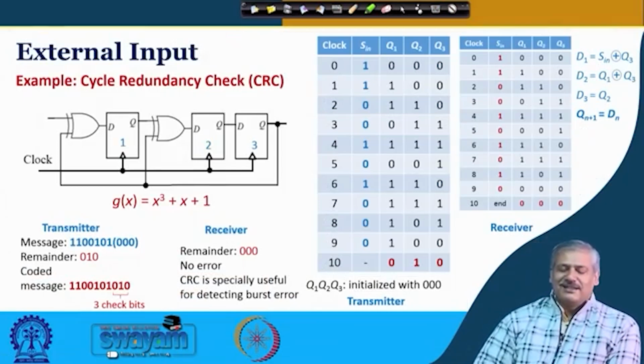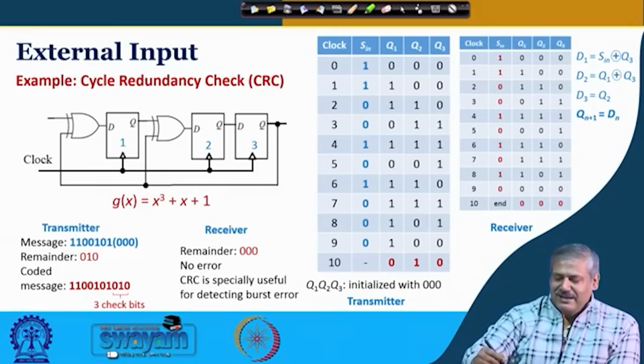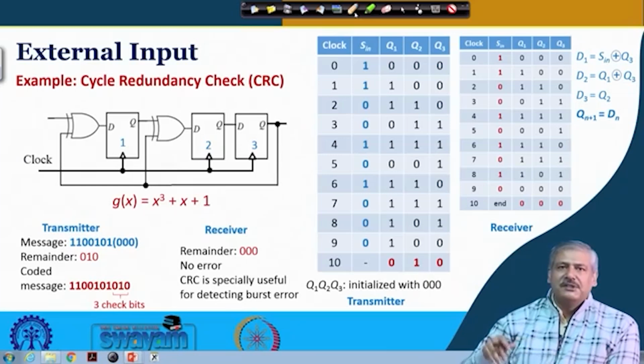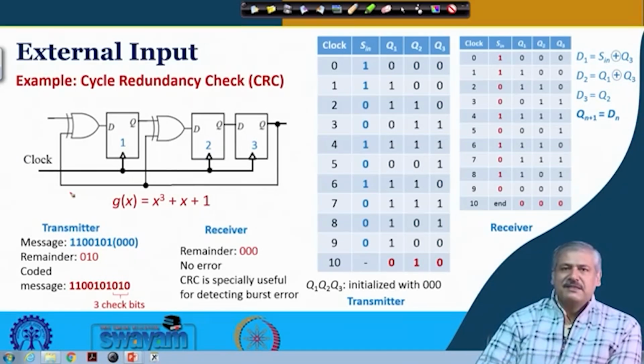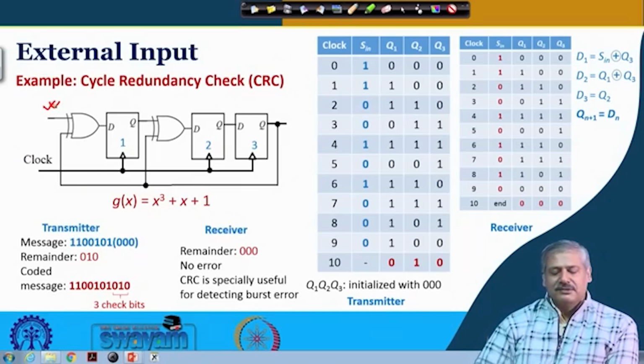Now, we look at again this particular arrangement. Earlier it was evolving only from the internal state values and the feedback that is getting generated. Now, the feedback is there, and in addition, we are putting an external input, and we would like to see if it is of any use.